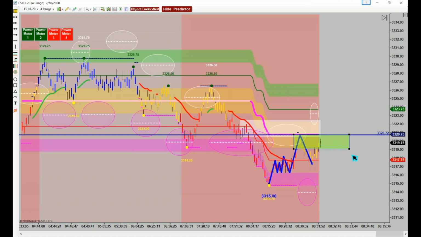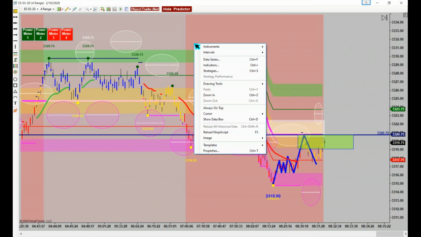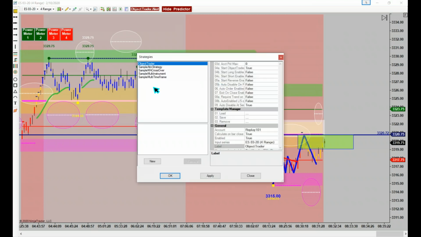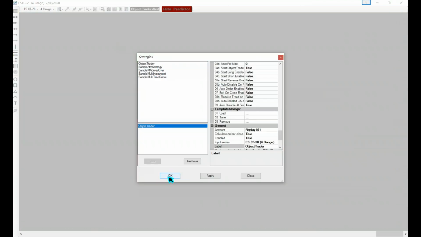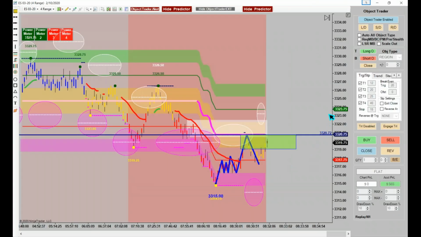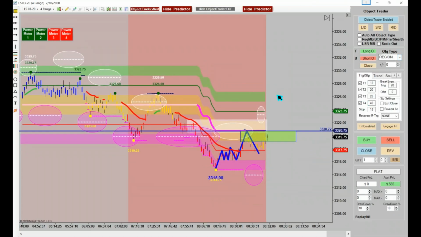Okay, let's fast forward it just a little bit, but let's go ahead and do this strategy again. And could you be ready to take that trade if it actually broke that area right there and put a really, really tight stop on it, just in case?